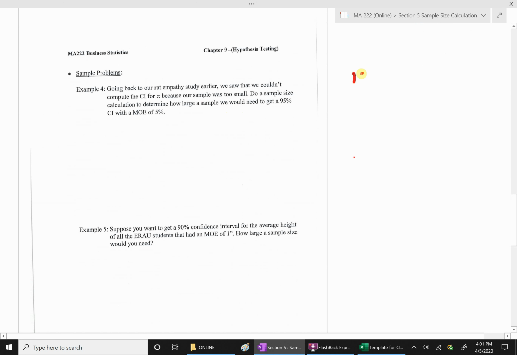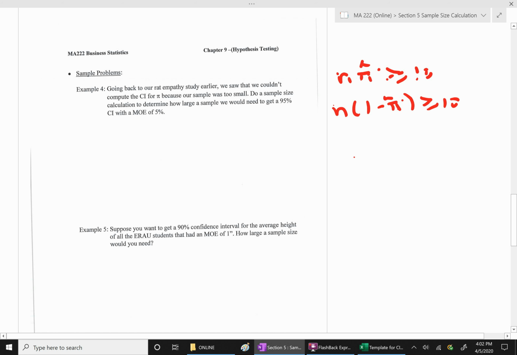Here we have to have n times pi hat greater than or equal to 10, and n times 1 minus pi hat greater than or equal to 10. Okay, and we didn't have that with the rat empathy, right?